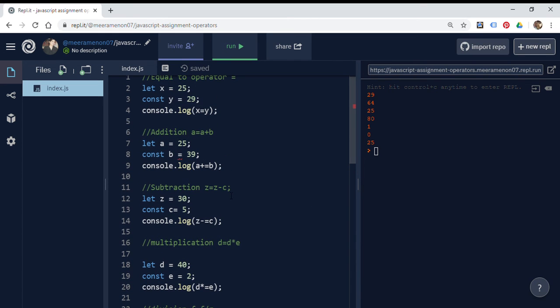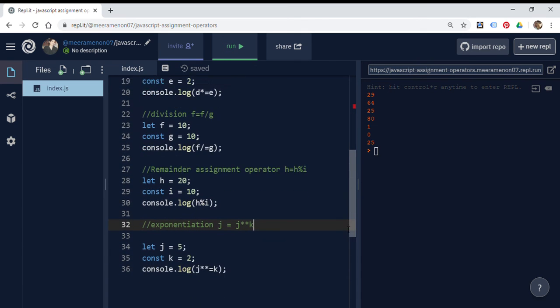So z minus c, this was the left operand. So when you are subtracting c from it, you get a result. So that is the meaning of assignment operator: different assignment operators on the left operand with the right operand, and whatever result you get, that is how you do the operation.